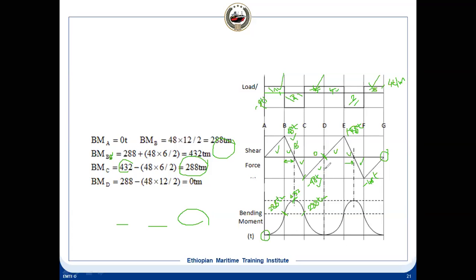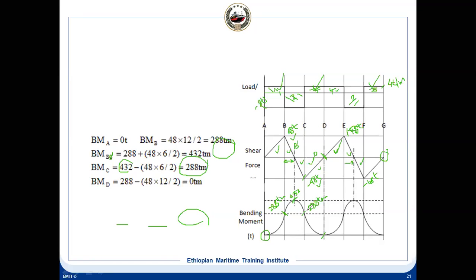And then what will happen? Sum of this, it means 288 we have got here, the sum of these three areas minus this area will become 0. At D, this area if you calculate, it will be 2 plus 288. Sorry, this area.